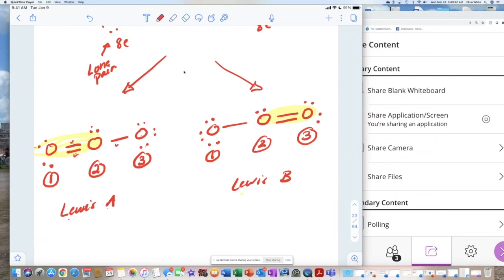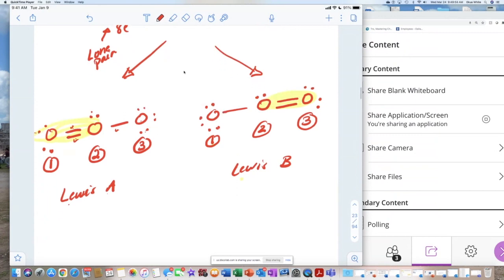While on paper we show two different Lewis structures, Lewis A and Lewis B structures are resonance structures of each other. There's a special arrow used to illustrate resonance structures, and this is the resonance arrow.